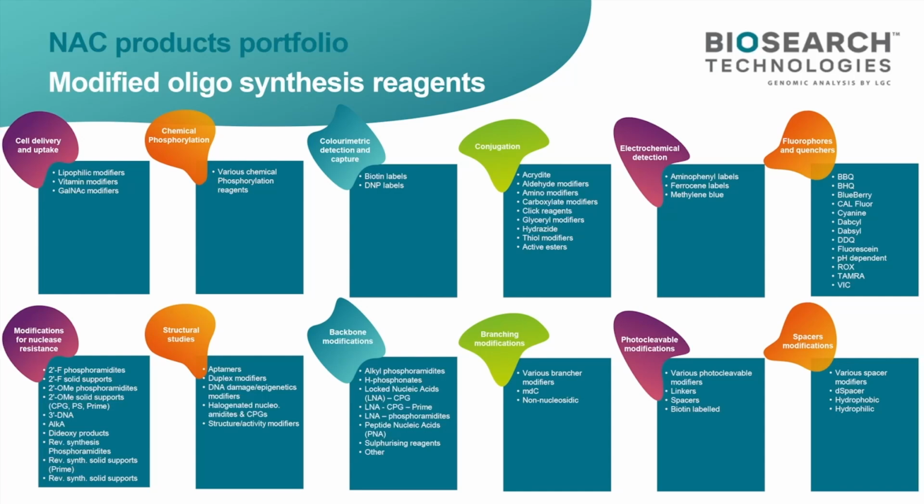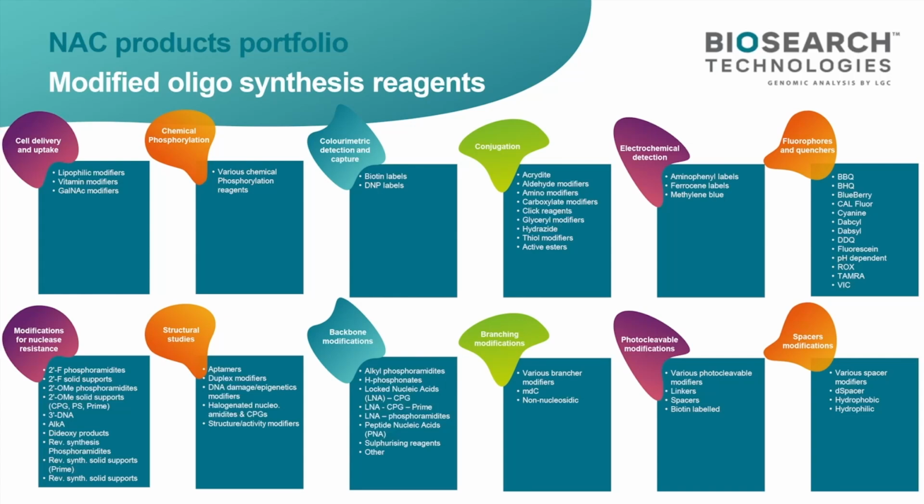So the NAC product portfolio, as you can see, has multiple applications using phosphoramidite chemistry. For example, for cell delivery and uptake there are lipophilic modifiers, vitamin modifiers like vitamin E, and GalNAc modifiers. What it does is actually help the molecule to be delivered into the system.